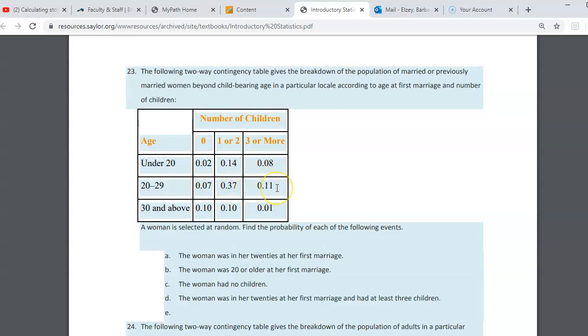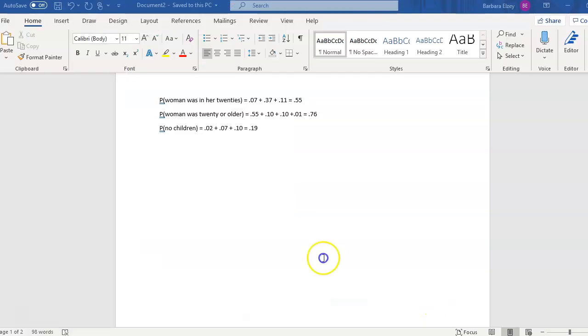So that probability is 0.11. The probability of a woman in her 20s with at least 3 children was 0.11. And there you have it.